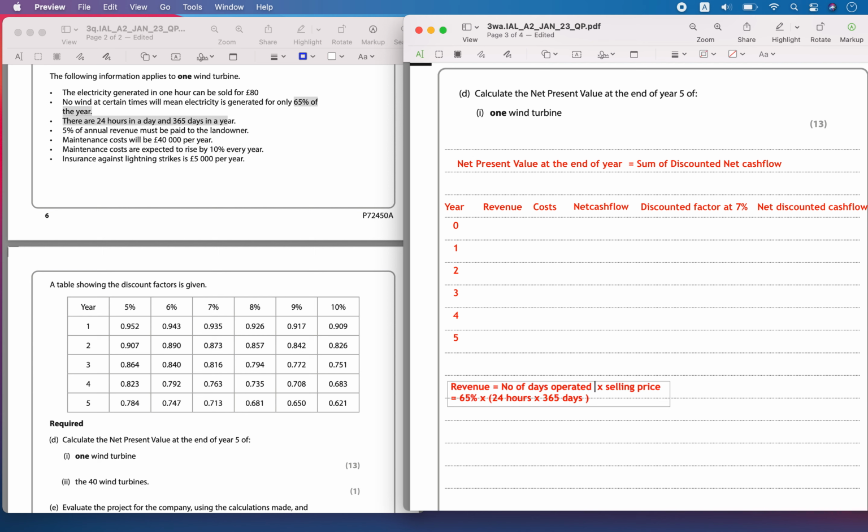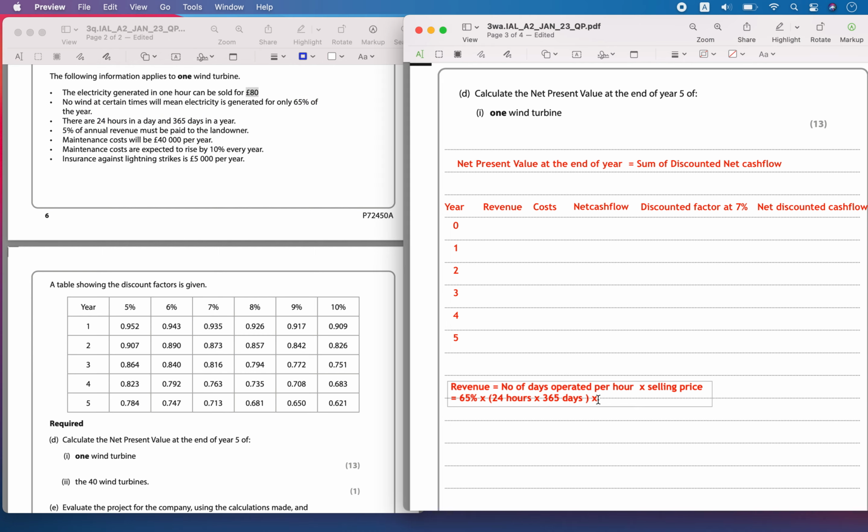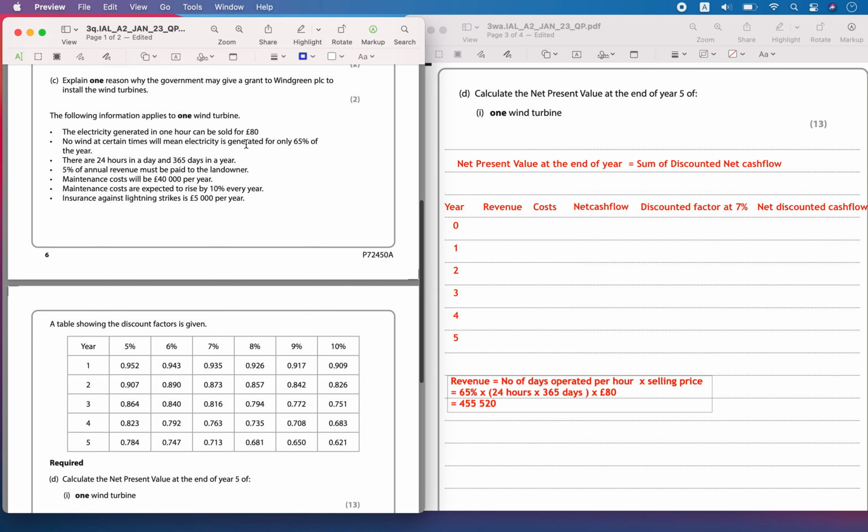The revenue is the number of hours operated times the selling price, which is 80 pounds. That value is going to be equal to 4,55,520. This is the amount they will be able to generate if they sell for 365 days.